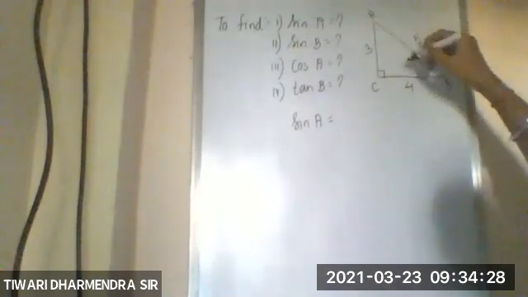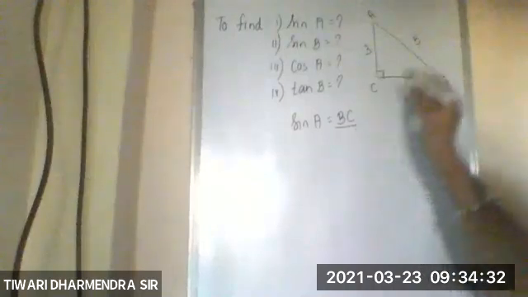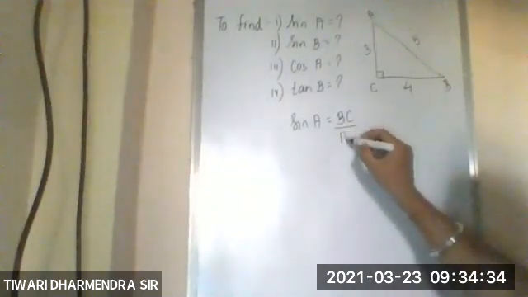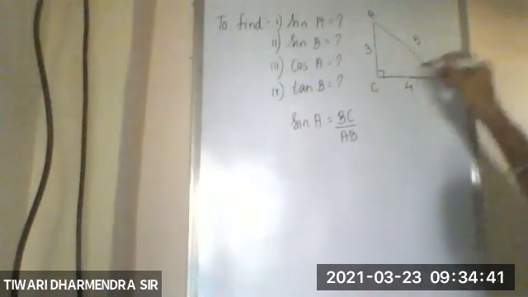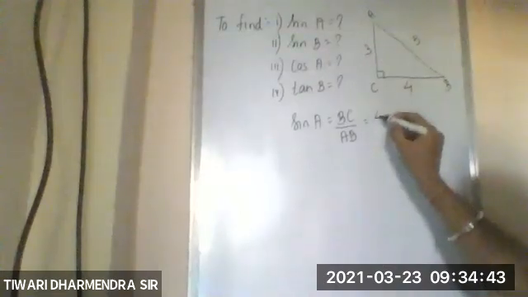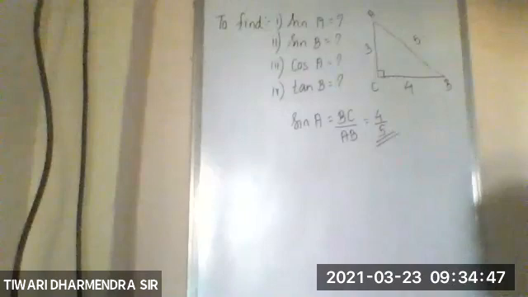Opposite to A divided by hypotenuse. Opposite to A is BC, upon hypotenuse is AB. BC is 4 divided by AB is 5. This is the answer of the first one. Easily done. Once you know the values, you can easily execute without any issue.